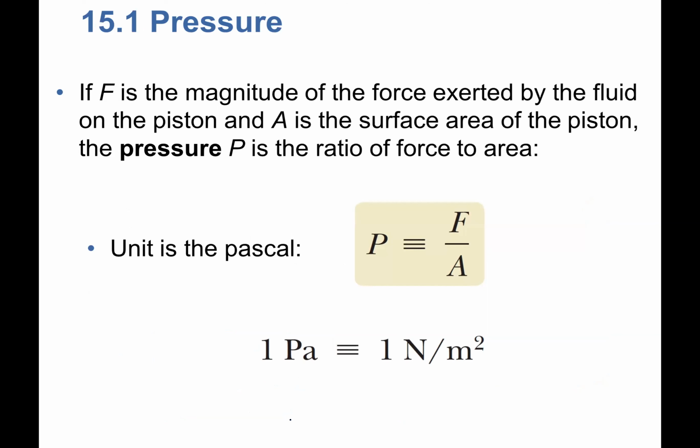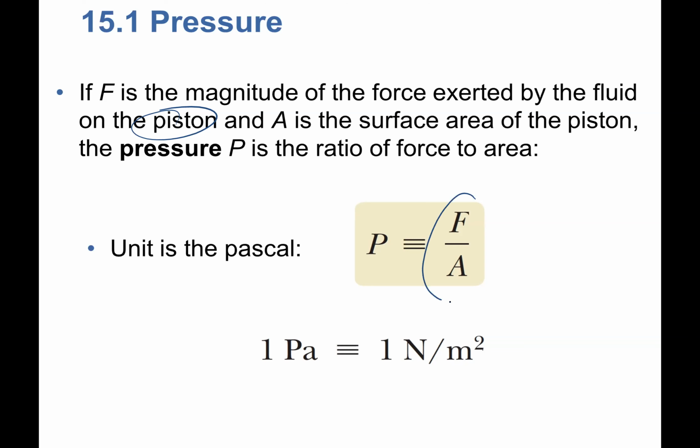Here we say piston, but it's pretty much the same idea. The A here is the surface area of interest, and the force is the action-reaction force between the molecule and the container wall.